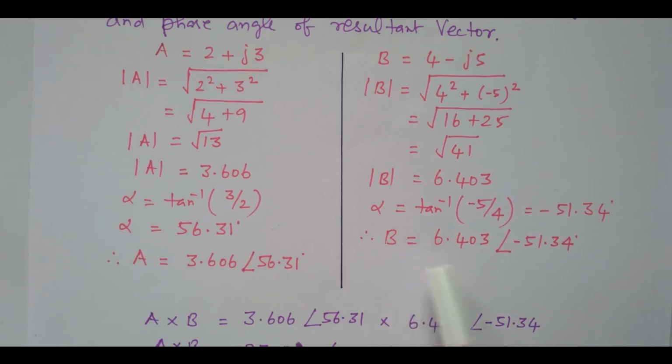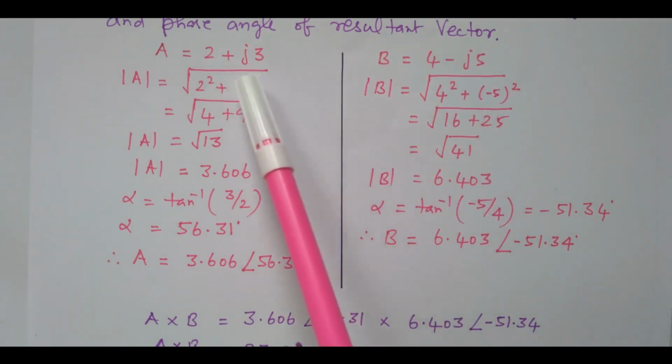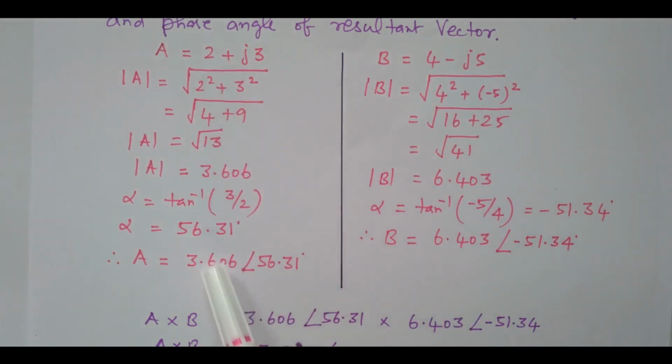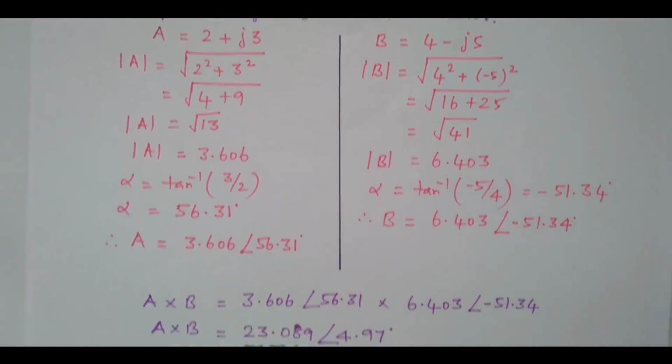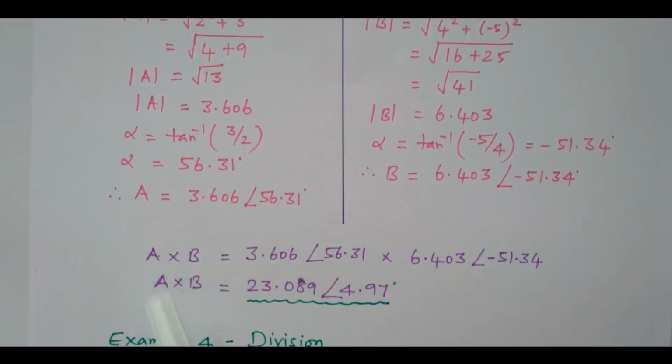So it can be represented as magnitude 6.403, angle minus 51.34. This rectangular form is now converted into polar form. These two can be multiplied easily in polar form.